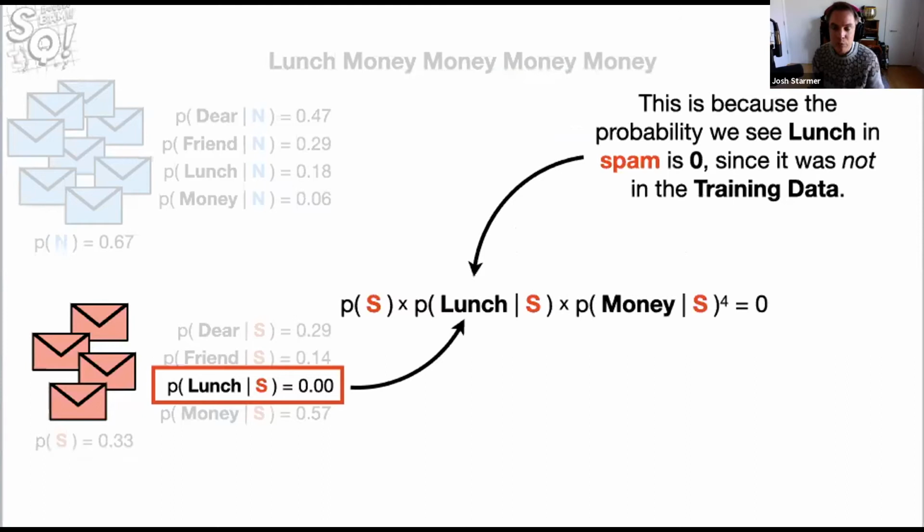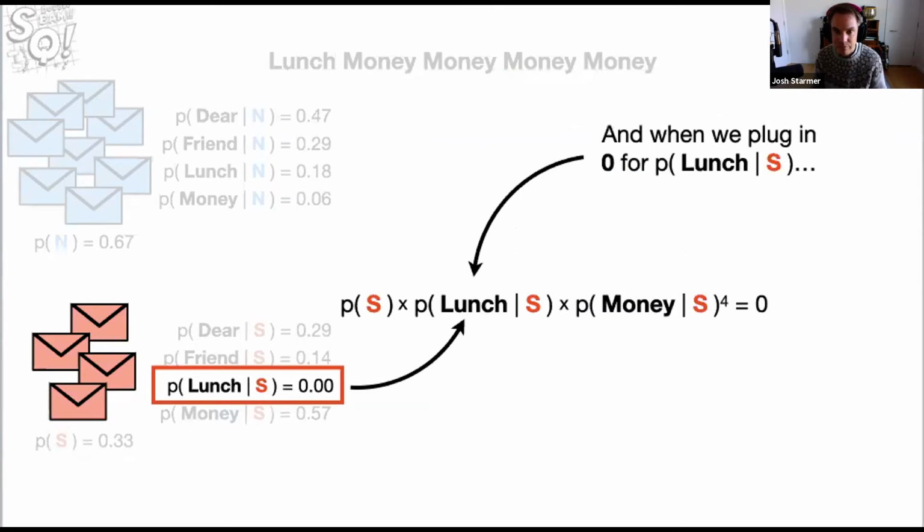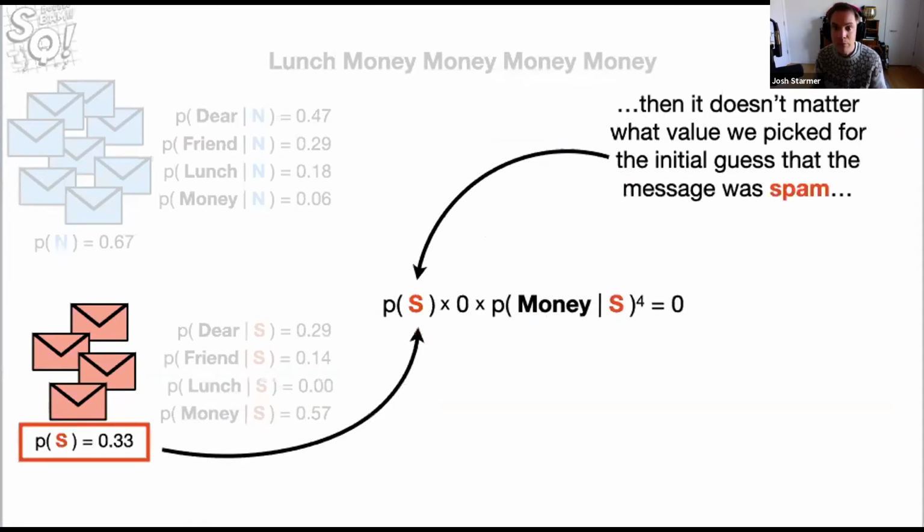This is because the probability we see lunch in spam is 0, since it was not in the training data. And when we plug in 0 for the probability we see the word lunch, given that it's in a spam message, then it doesn't matter what value we picked for the initial guess that the message was spam.